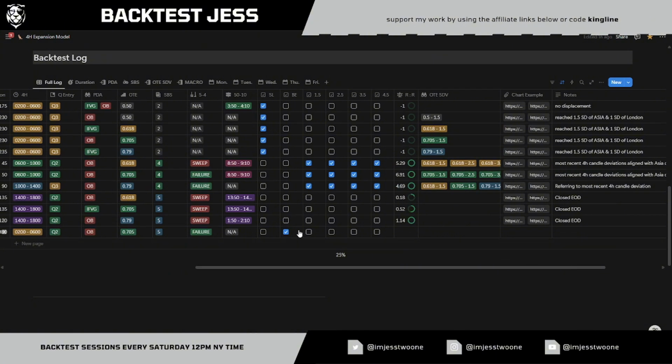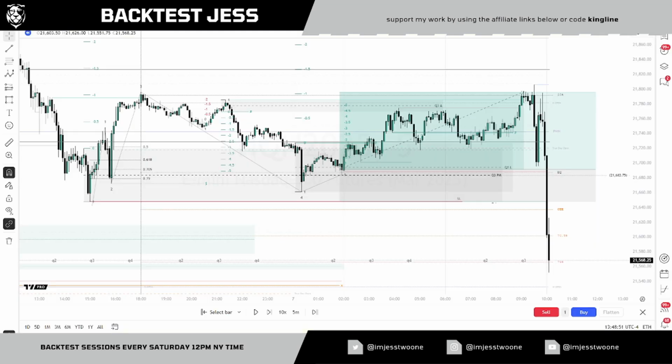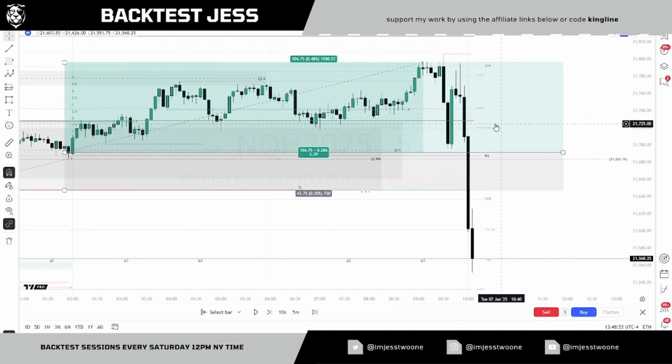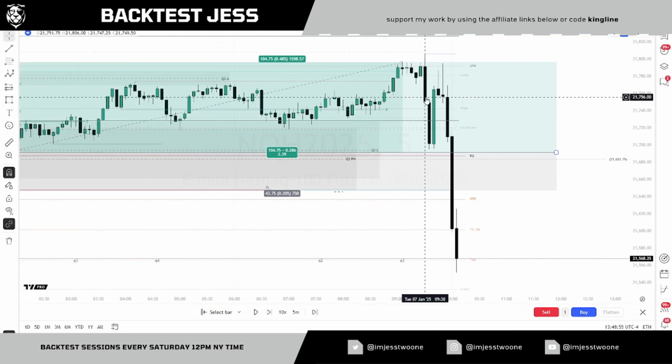We're BE. Wouldn't it be wise when New York AM created the manipulation in the opposing direction at market open? Are you talking about here? Sure, but we've already lost half the trade by then.